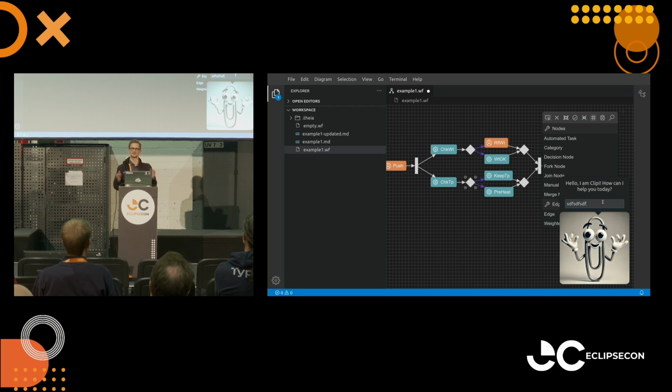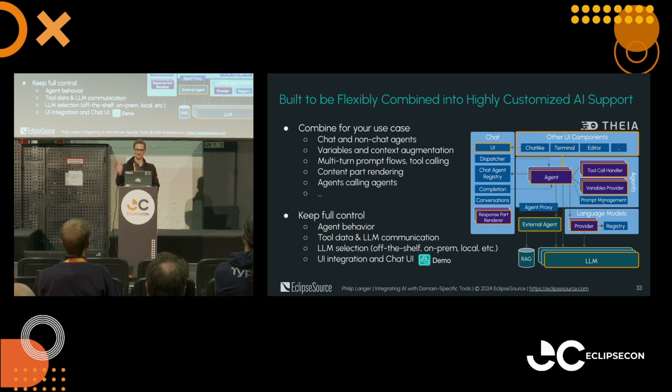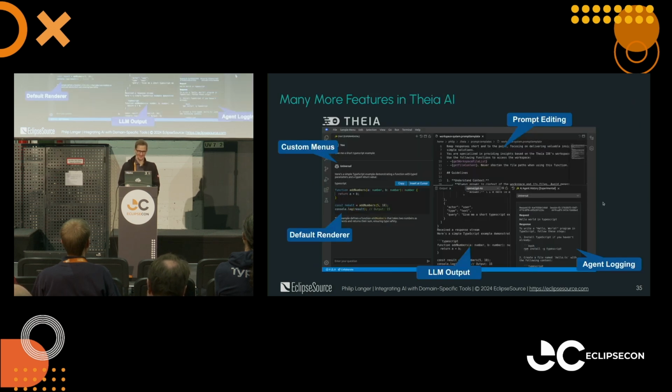I can now use that, right? So that's full control. You can even do something like that. Decide yourself if you want to go with it or not. Of course, there's many more features, ranging from custom menus, prompt editing, and observing LLM output and agent logging, which is great for debugging and so on, but I don't go into too much detail for that, so please check it out on your own.